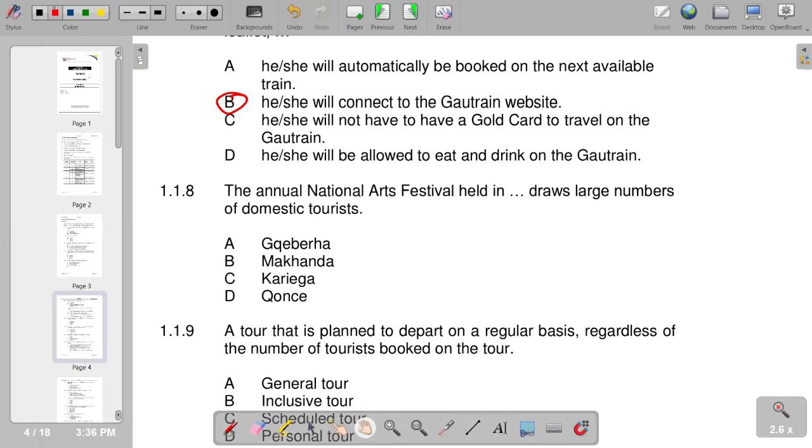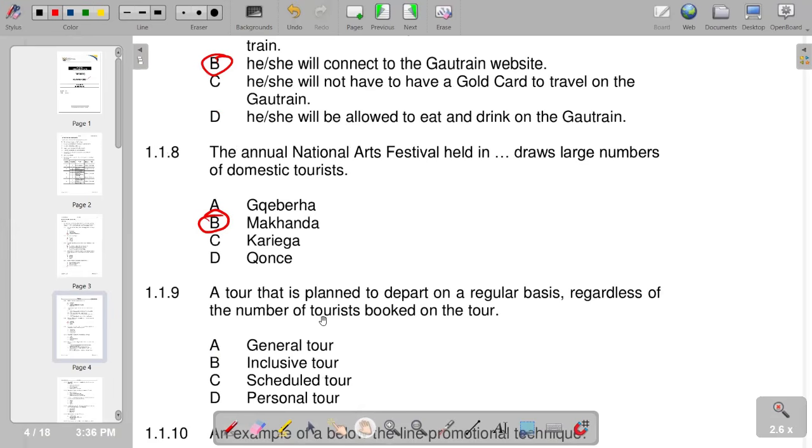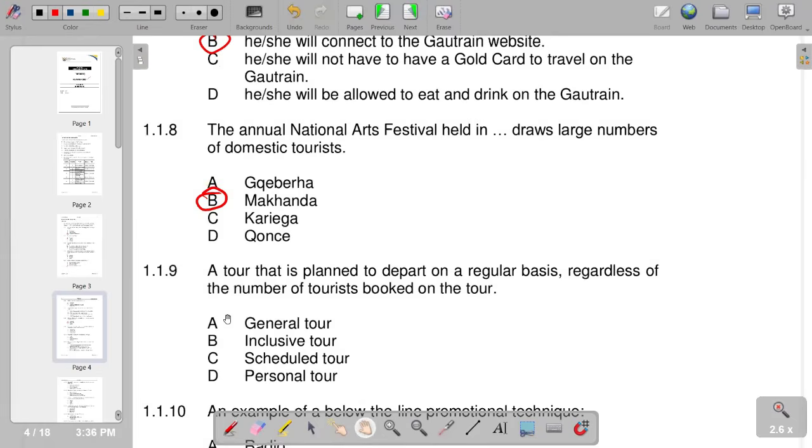Makanda is the correct response that we have. Number nine, a tour that is planned to depart on a regular basis, regardless of the number of tourists booked on the tour. You see that the correct one is a scheduled tour.